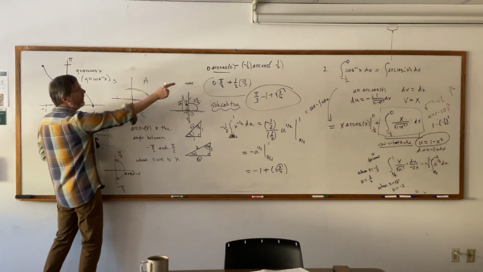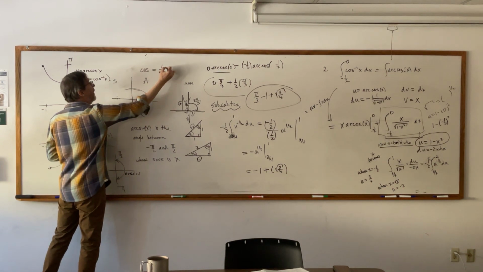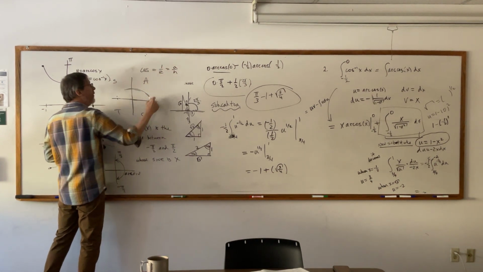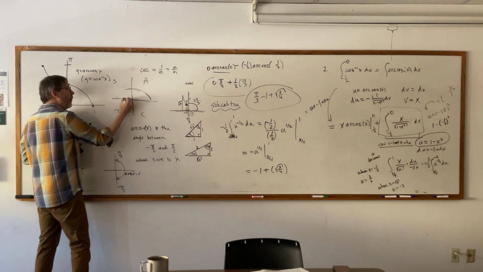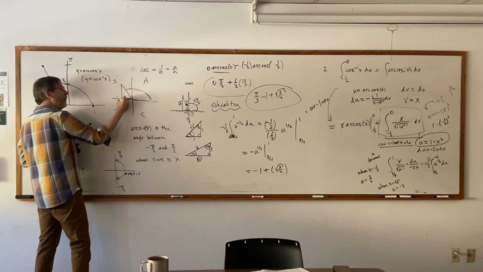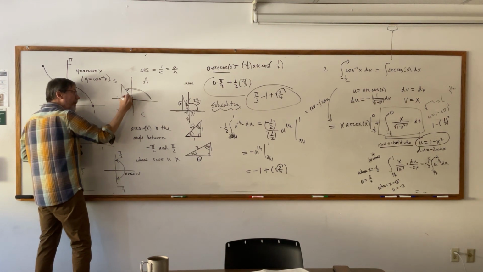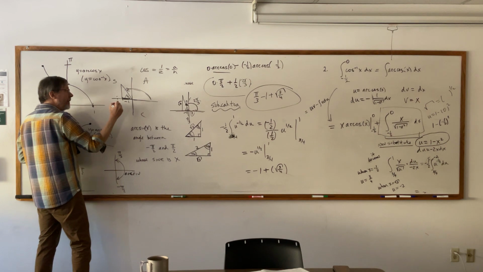If I want the angle whose cosine is 1/2, that's adjacent over hypotenuse, so I have an adjacent side of 1 and the hypotenuse is 2. So this must be pi over 3 right here.